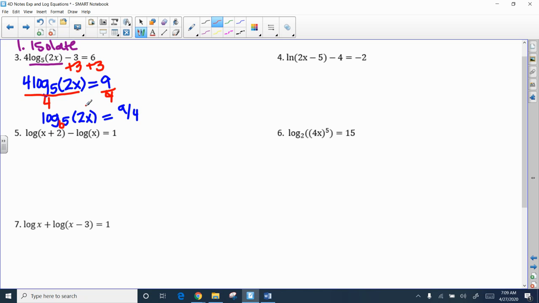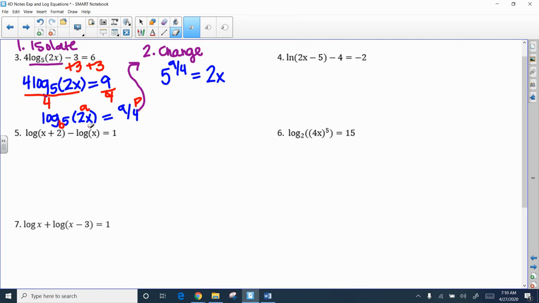Log base b of a equals p. So 5 is the base, 5 to the 9/4 power equals 2x. Now notice the 2x part is by itself and there's no logarithm in the equation anymore.